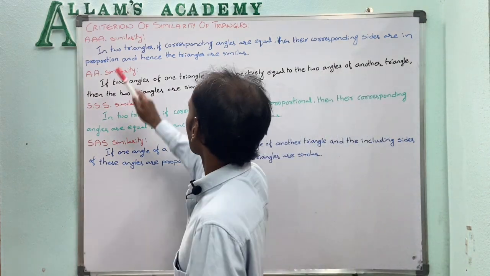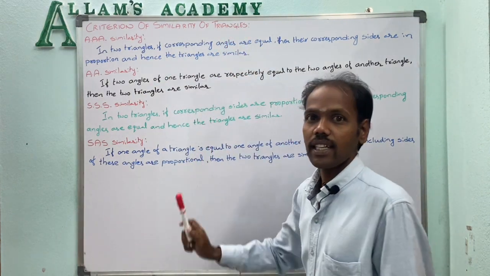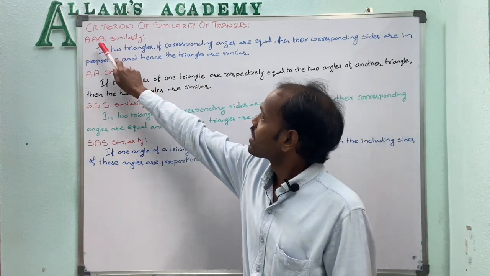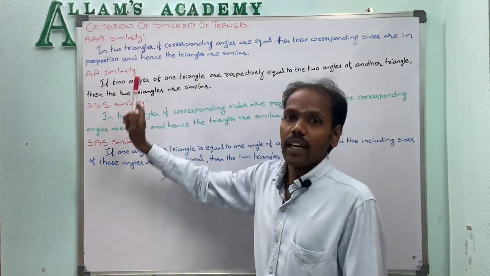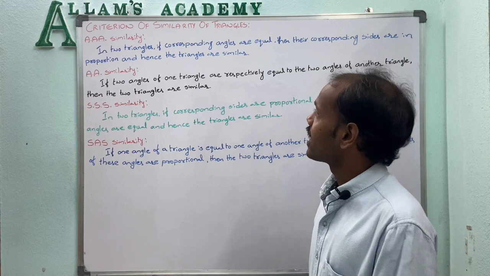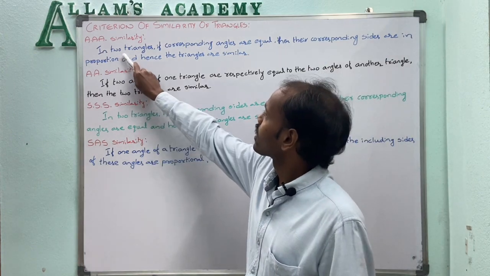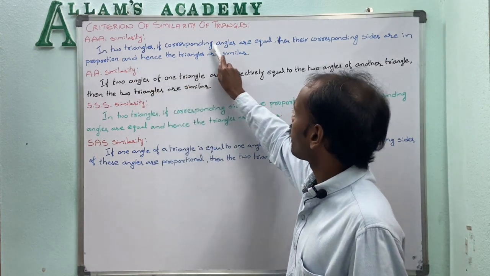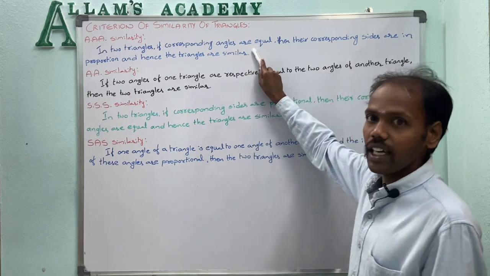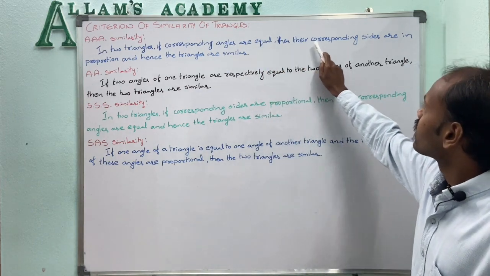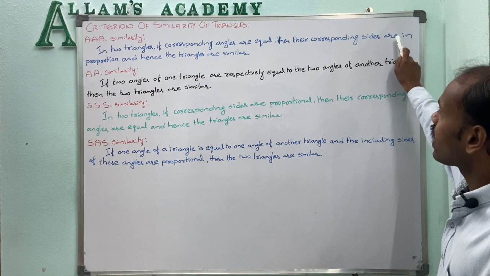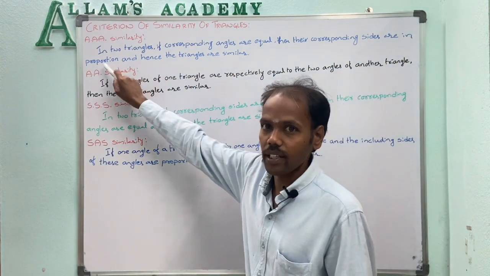The criteria of similarity of triangles, the first one is AAA similarity. The criterion is stated as: in two triangles, if corresponding angles are equal, then their corresponding sides are in proportion.